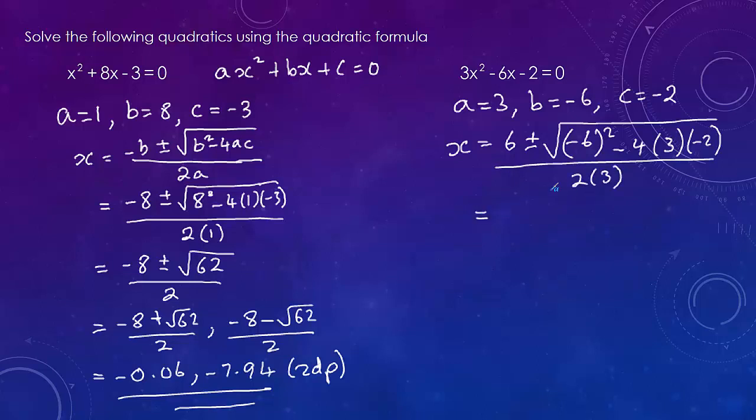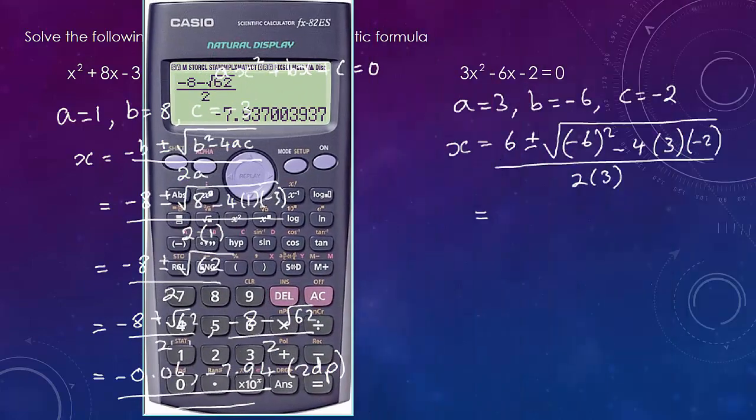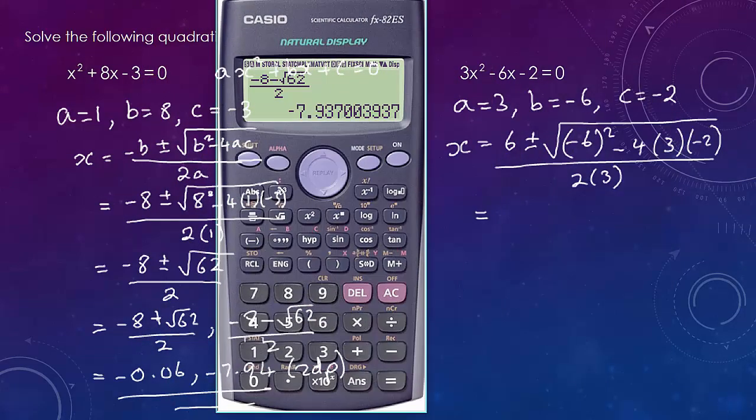Now in the usual way, I like to calculate what's under the square root next. So I'm just going to bring the calculator over here. So negative 6 squared, I know that's going to be 36. And then we're going to have minus 4 multiplied by 3 multiplied by negative 2, so that's going to give me 60.